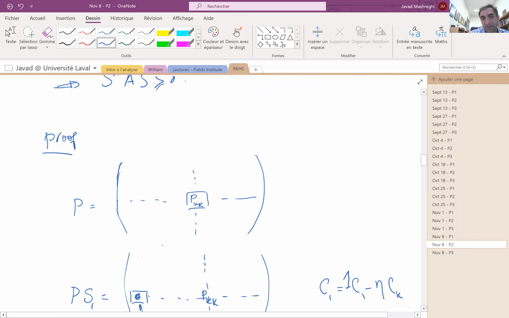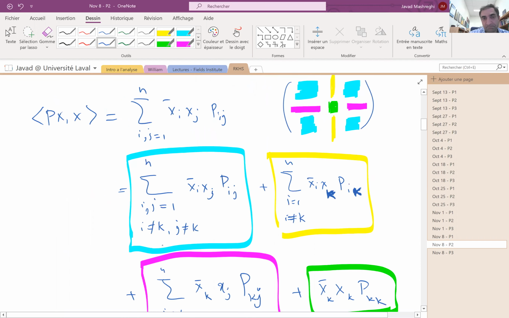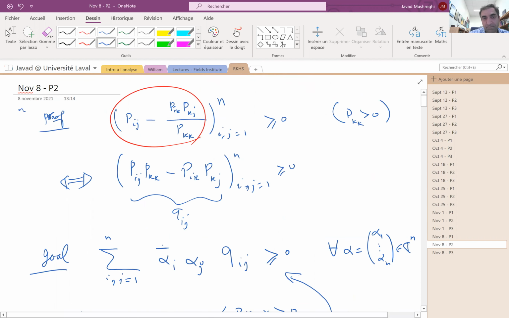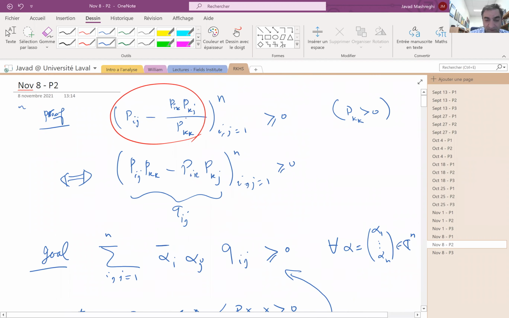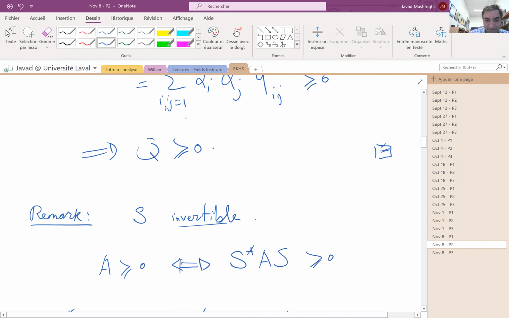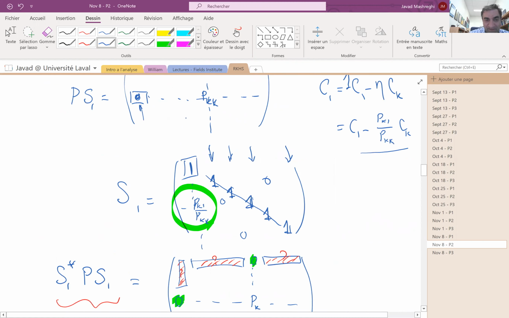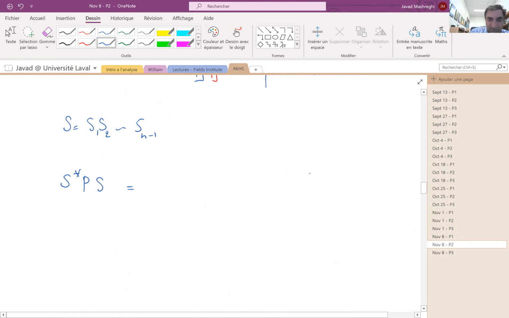It's almost the one that we want. Why do I say almost? Because what we obtain at the end is a matrix where Pkk remains.